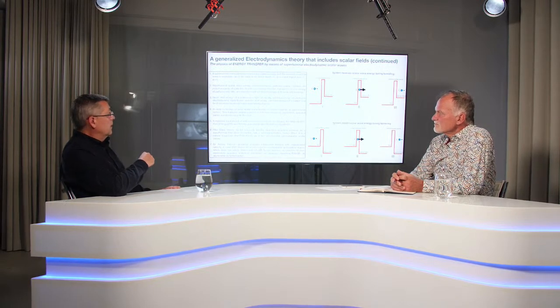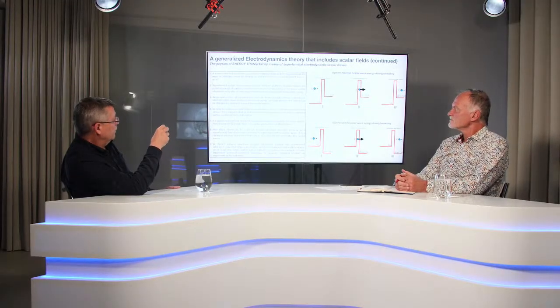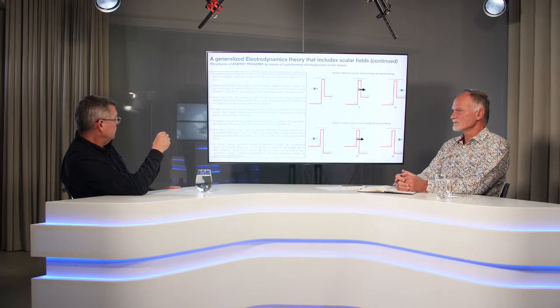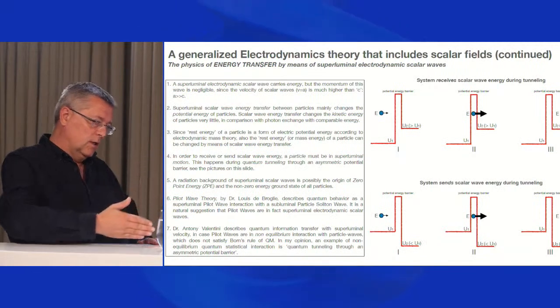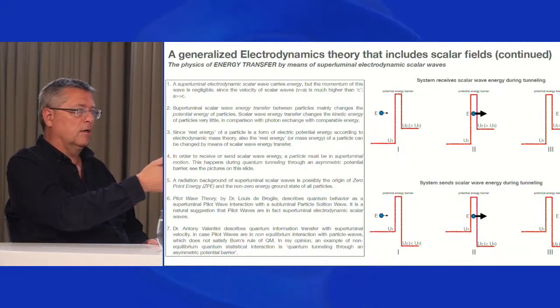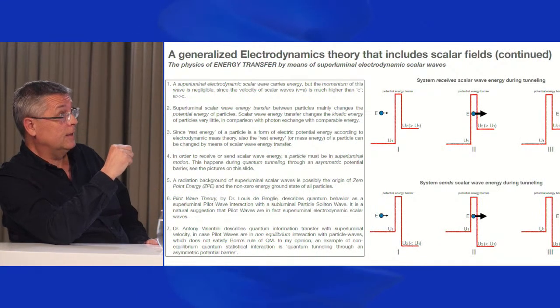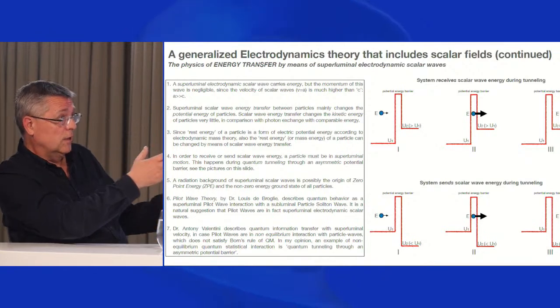So I've depicted that at the right-hand side, that you have quantum tunneling involved, because that's the superluminal motion of the particle when it's going through a tunneling barrier. So therefore we need a tunneling barrier to receive or send those waves.